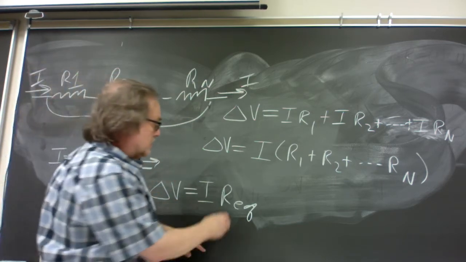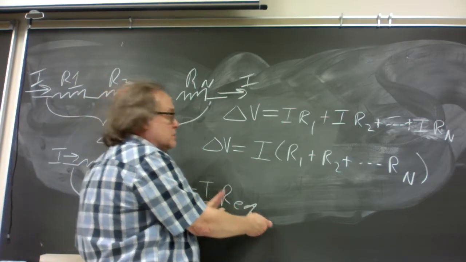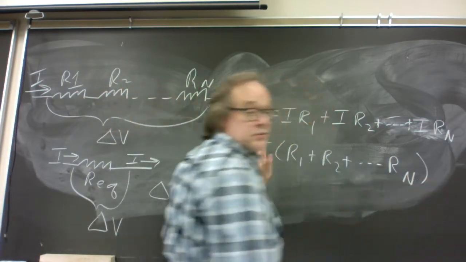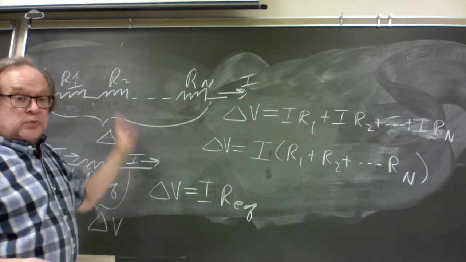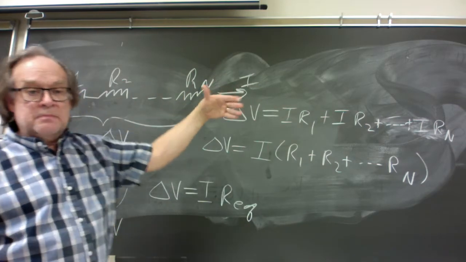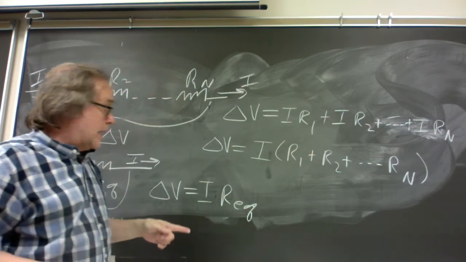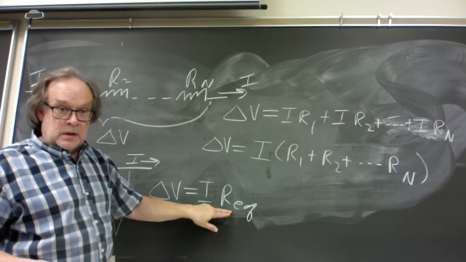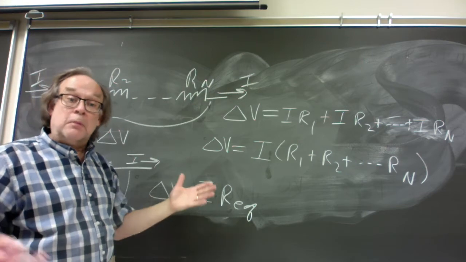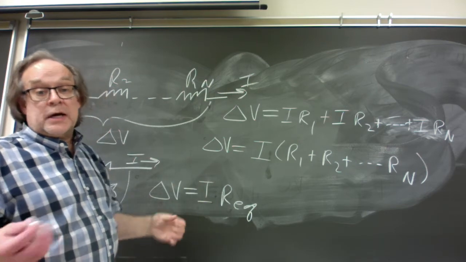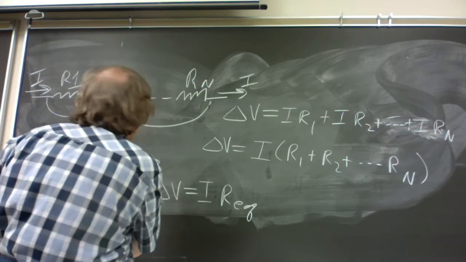So that means this factor must be the same as this factor. In other words, for resistors in series, things that share the same current, the grand total equivalent resistance is just the sum of all the individual ones, not terribly surprising.